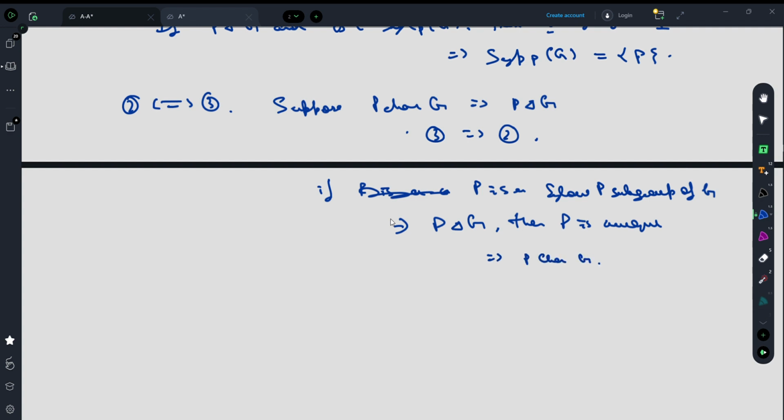P is unique, but then P must be characteristic in G because we have just shown that a unique subgroup of G of a given order must be characteristic, right? Therefore, 3 is equivalent to 2. Thus, we have shown that 1 is equivalent to 2 and 2 is equivalent to 3, right?